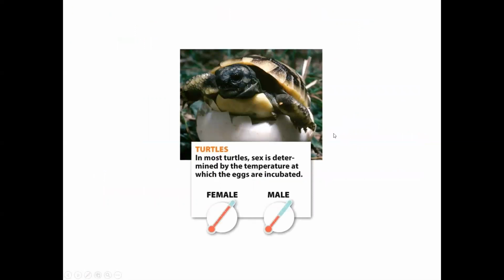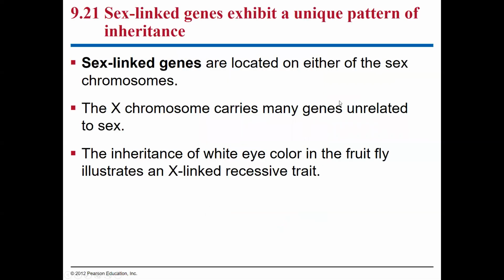An example of that would be turtles, where the higher the temperature, the more females there are, compared to males, which require a lower temperature. And so will there ever be a day where the temperature is so high that you don't really produce any males, you only mainly produce females? That could have a devastating effect on the species altogether.